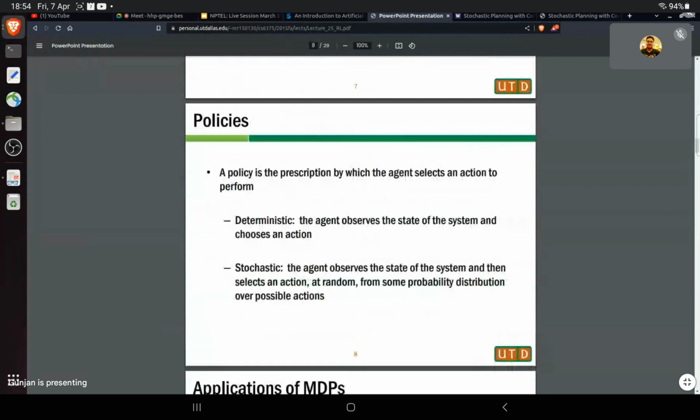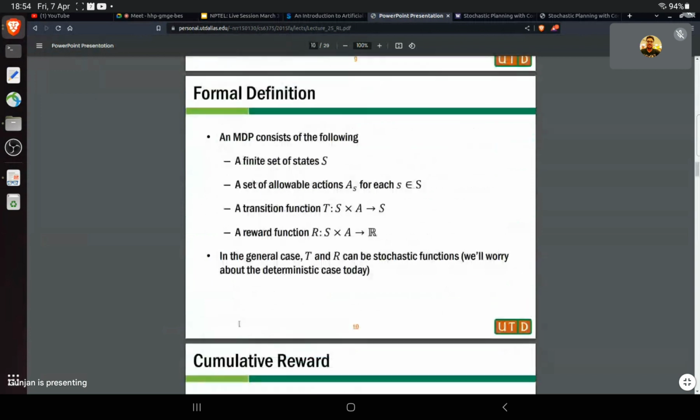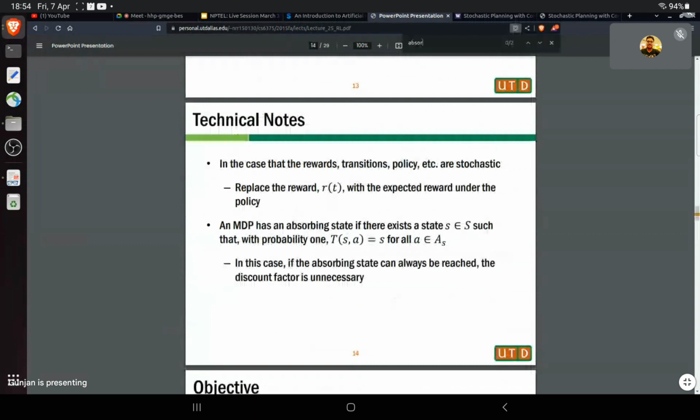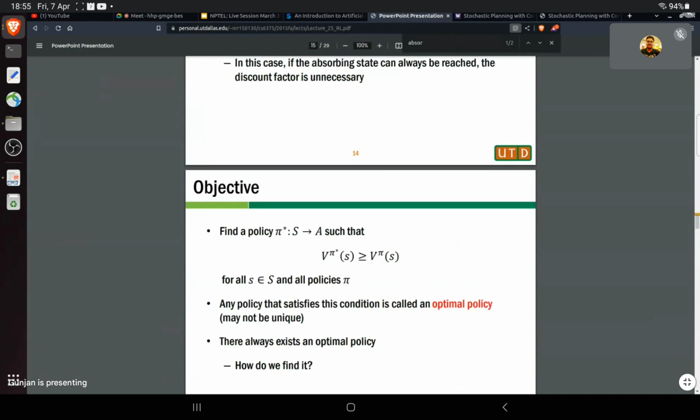Absorbing MDPs are used in many applications such as board games. So absorbing or non-absorbing is defined on the MDP itself, not on that state. Because if even one state is absorbing, then it is an absorbing MDP. The absorbing property is on the entire MDP, not the particular state.